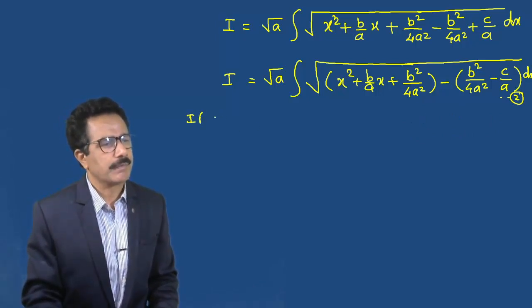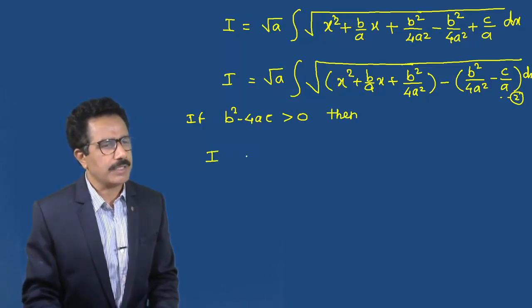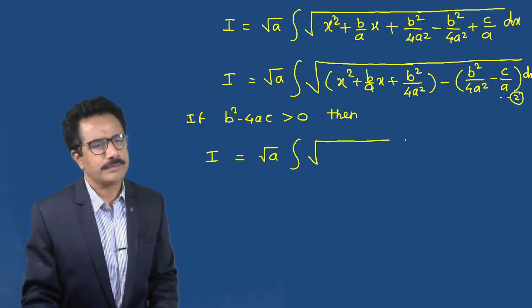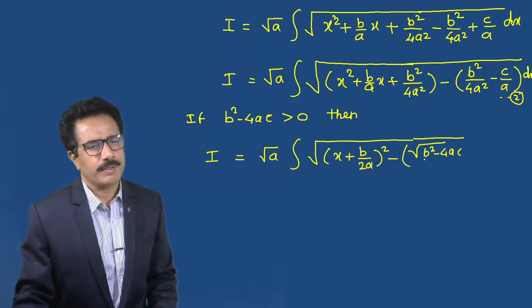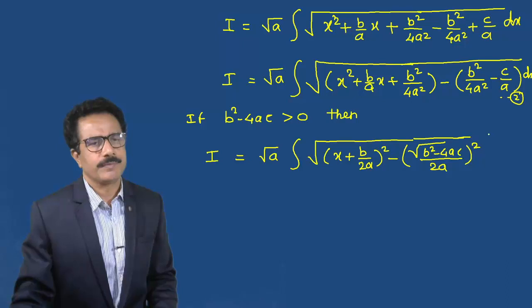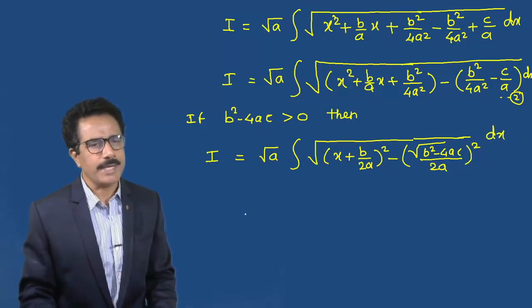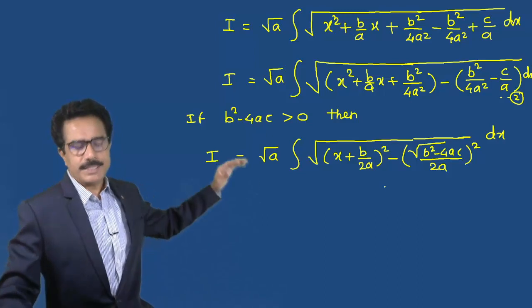If b square minus 4ac is greater than 0, then I is root a into integration of x plus b by 2a, squared, minus root of b square minus 4ac upon 2a, squared, into dx.